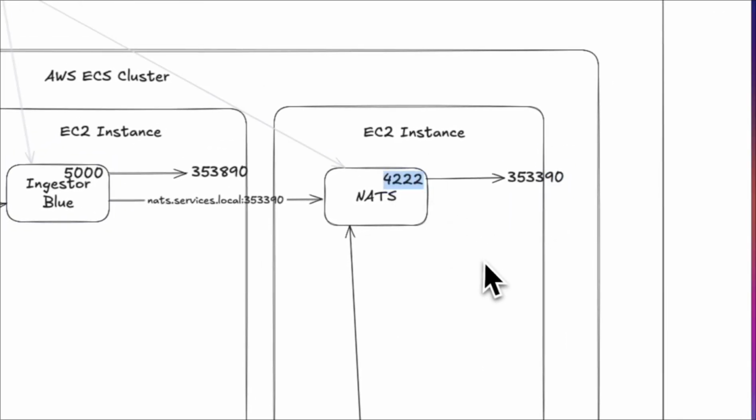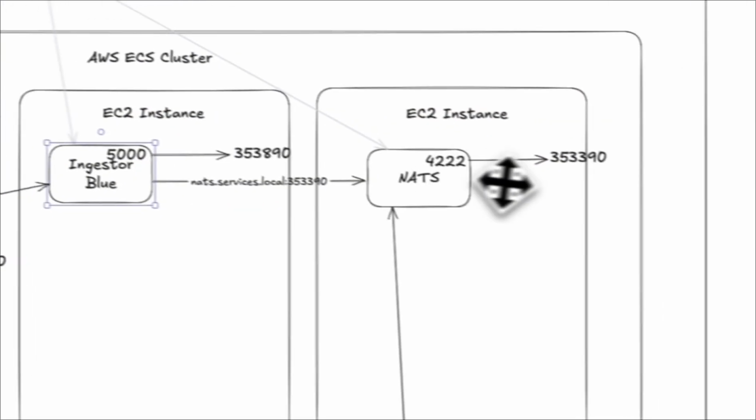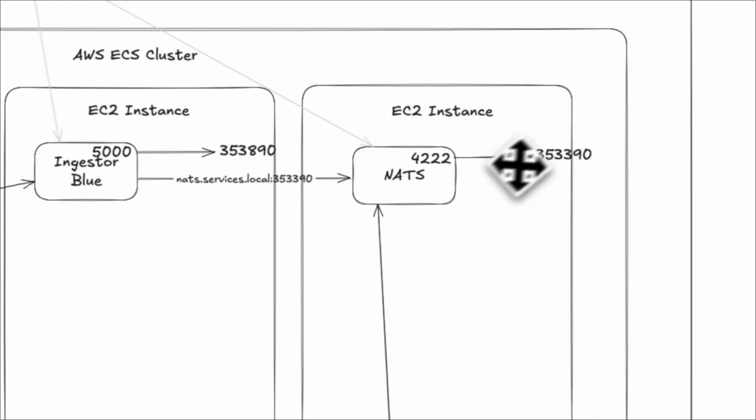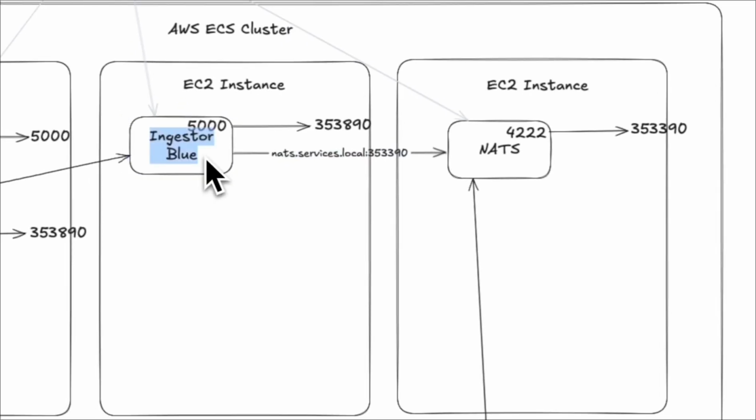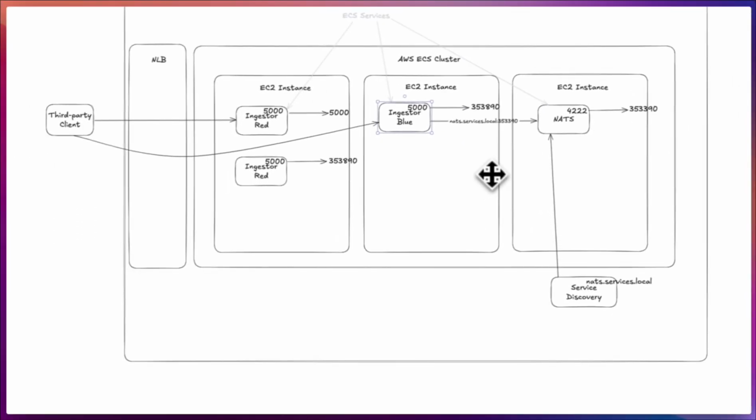You only know this port. So you can't specify this port, because you usually specify it via environment variables. Even if you dynamically extract this port and supply it here during the deployment process, it may change frequently. It means that the connection between Ingestor Blue and NATS will be broken.